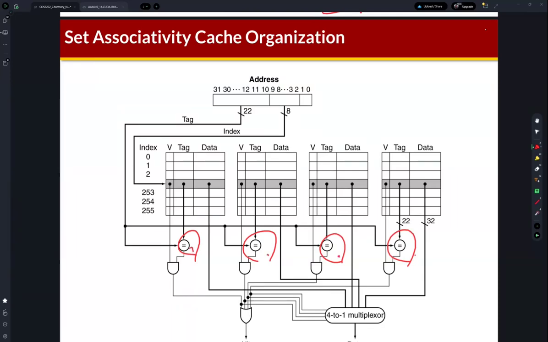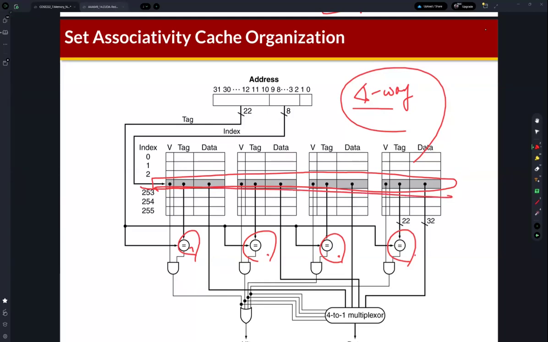Which means when we access the target cache set, we need to compare the tags of 4 cache blocks. What does that mean? This is a 4-way set associative cache, right? Because in a single cache set, we can observe there are 4 cache blocks.